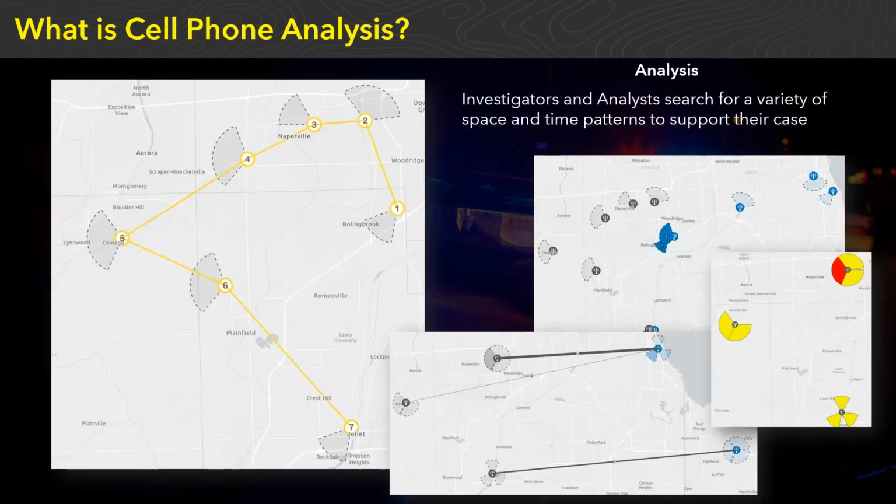Once we have the call detail records on a map, now we have all sorts of different kinds of analyses that we can do in order to support investigations and ask questions that have investigative relevance, to generate the proof that you're looking for to support your investigation.